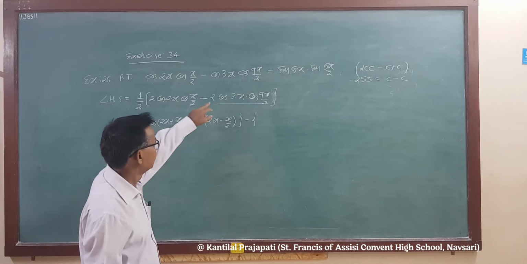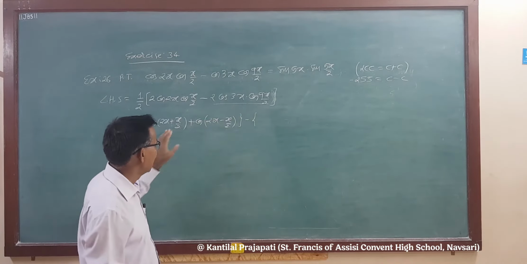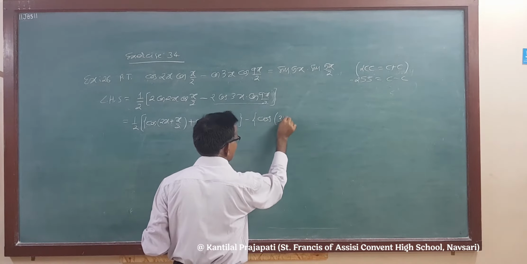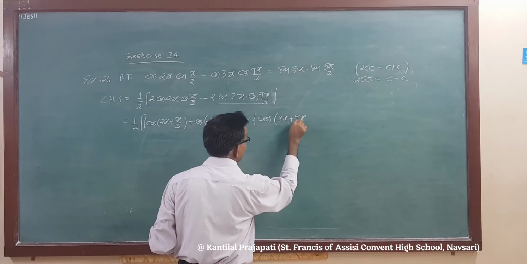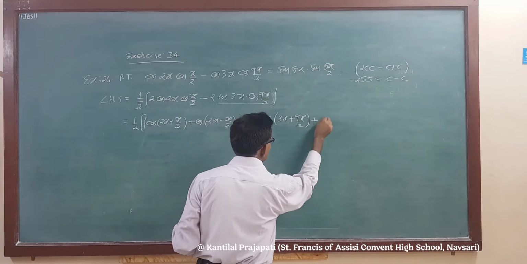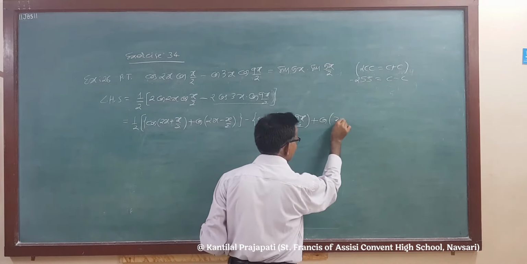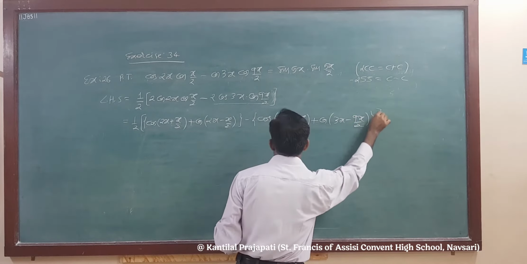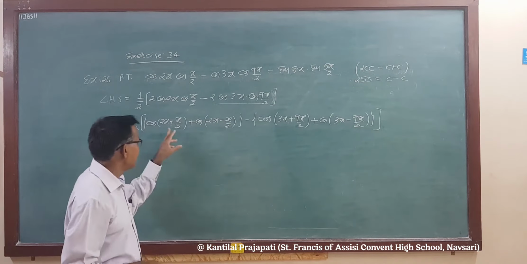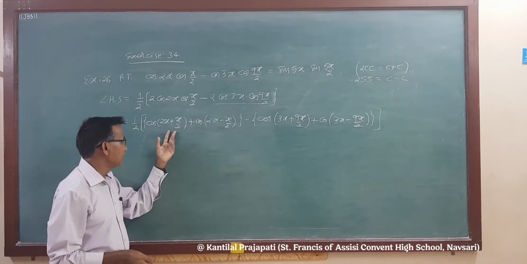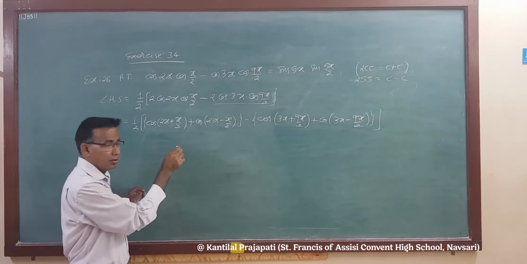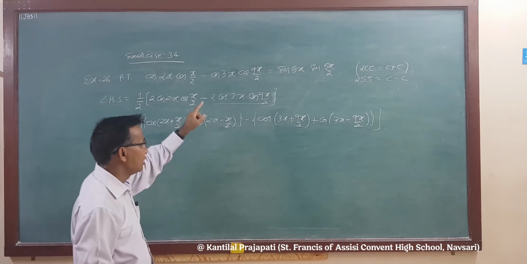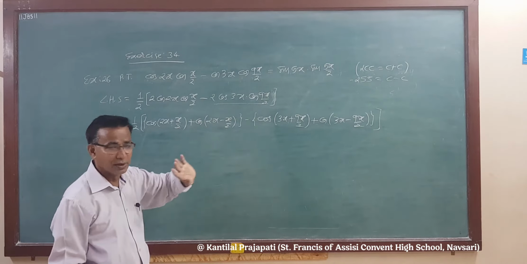Again we get 2 cos A cos B, the same formula: cos(3x + 9x/2), sum of angle, plus cos(3x - 9x/2), difference of angle. Remember, this sum of angle is not divided by 2, and the difference of angle is not divided by 2, when a product is represented as a sum or difference.